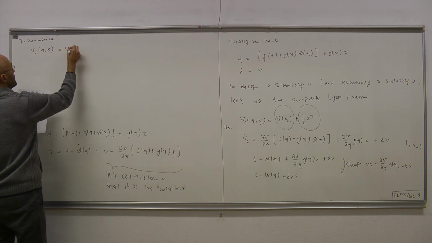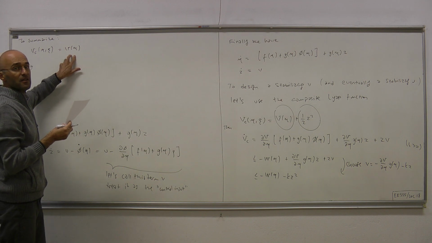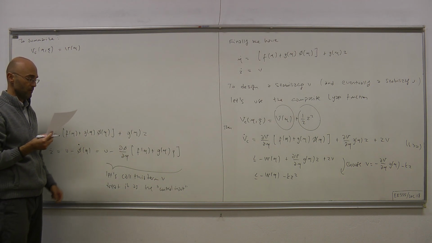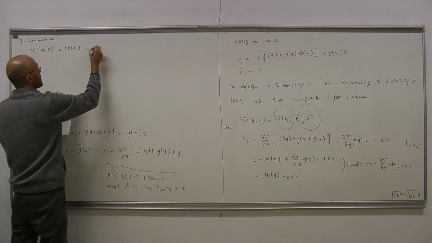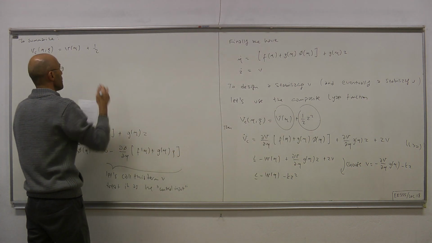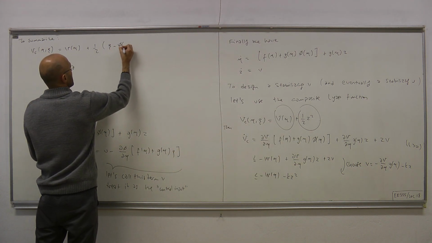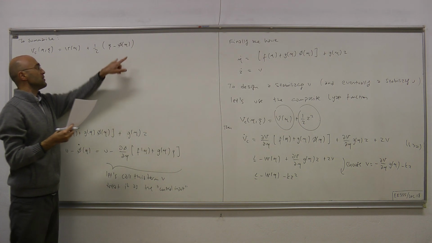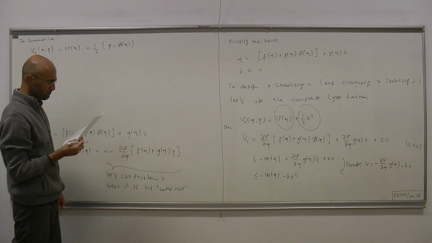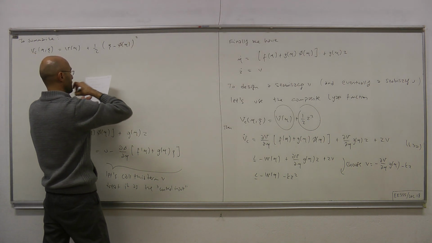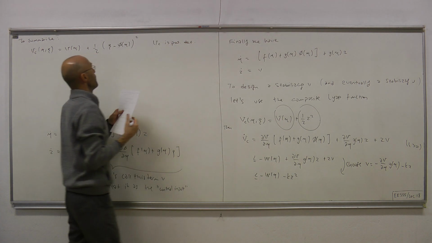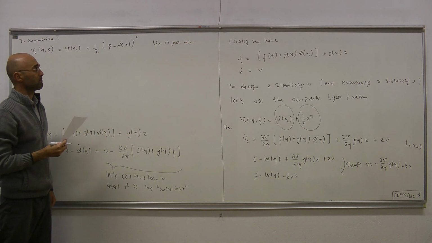That we constructed as V of eta, a function we have by assumption, so it's given, plus 1/2 Z squared, and Z is defined as this difference, Xi minus phi of eta. And this is positive definite with respect to eta and Xi.